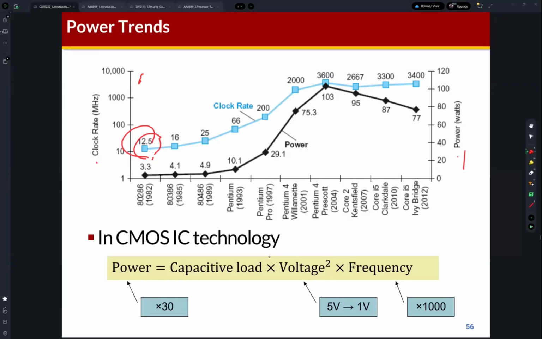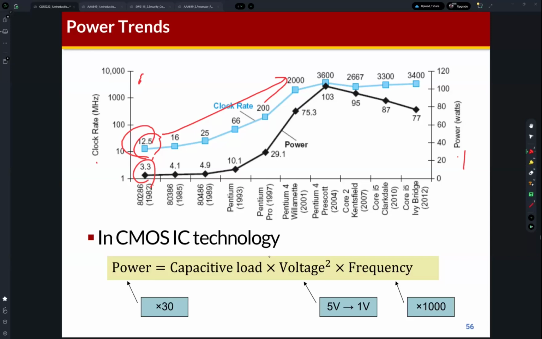But you can also check the power consumption of this old generation CPU. It's around 3.3 watts. It's just 3.3, similar to mobile devices, right? It's very, very low. But we can observe that the clock frequency has increased very dramatically.